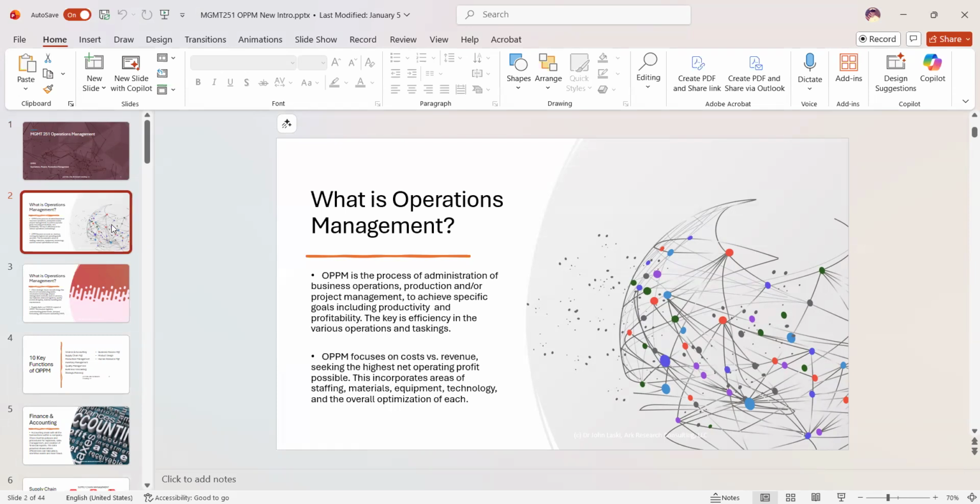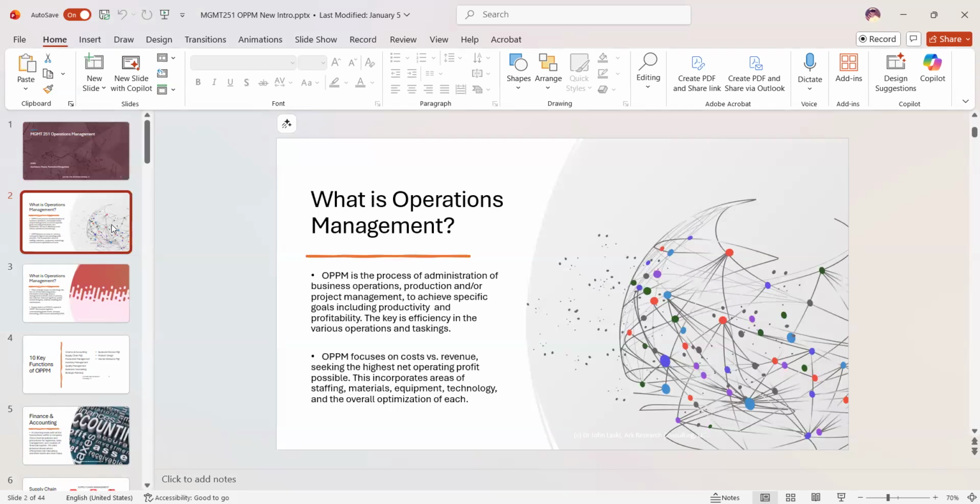And the textbook definitions are basically the process of administration of business operations, which you can see on the PowerPoint slide here. And obviously, towards achieving a certain set of outcomes, specific goals, which include profitability and productivity.